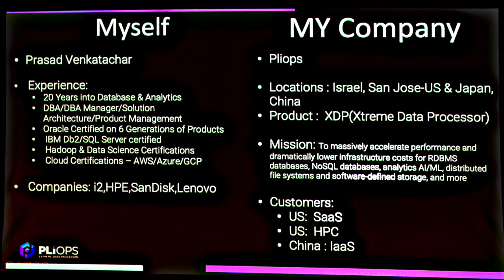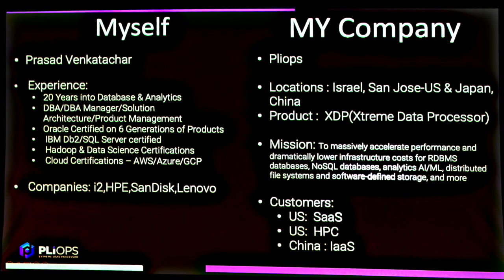About my company, I work for Pliops. This is one of the fast-growing companies in San Jose, California. We have an ambitious goal to massively accelerate all the database analytics and software-defined storage applications, and at the same time lower the infrastructure cost.